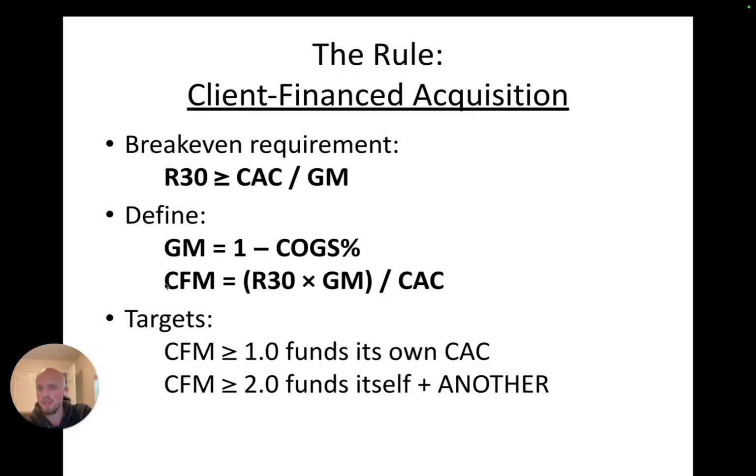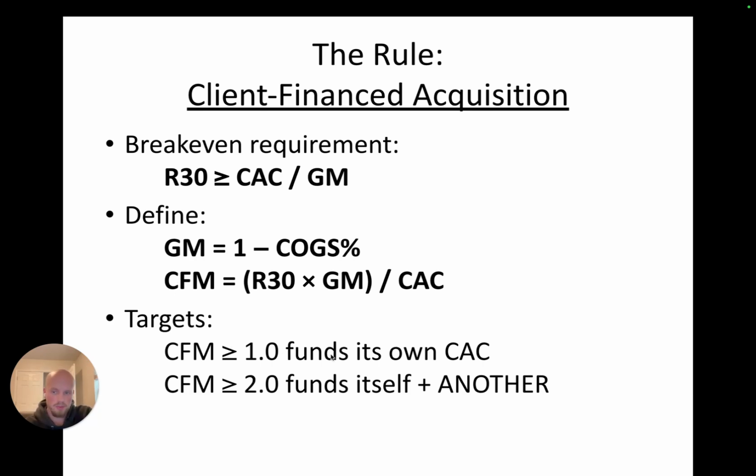The client financed acquisition multiple, which is CFM, is the 30-day cash times your gross margin that we just figured out, divided by CAC. For this rule, there are a few targets. CFM is the number we really want here, and we need CFM to be above one.